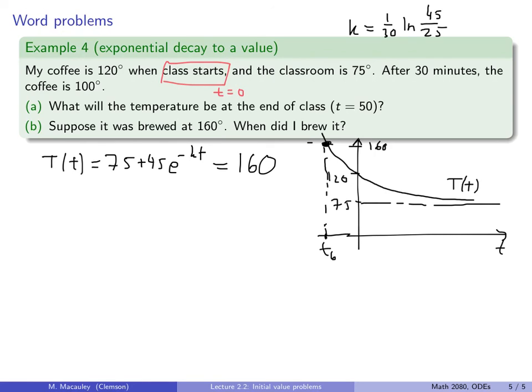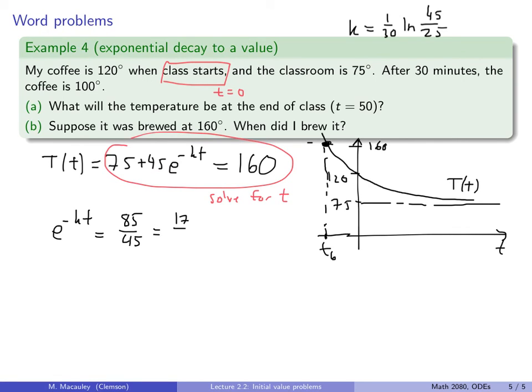In other words, solve for t. So let's do that. Let's subtract 75 over here. What does that give us? That's 85. Divide by 45, and we get e to the minus kt equals 85 over 45, which, what is that? That's 17 over 9.